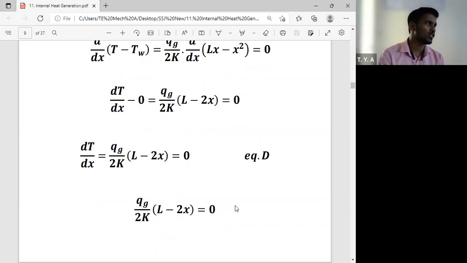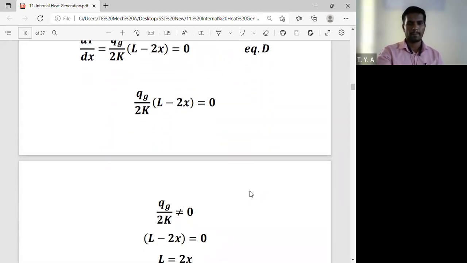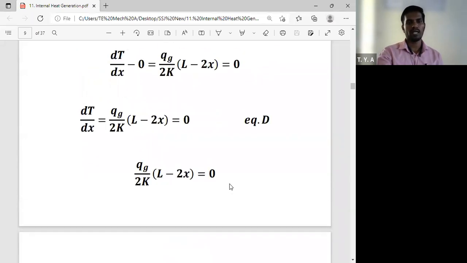Okay, so our aim is to calculate the location of the maximum temperature. म्हणजे आपल्याला x ची व्हॅल्यू फाइंड आउट करायची आहे. Okay, so write down the equation qg by 2k into bracket L minus 2x is equal to 0.